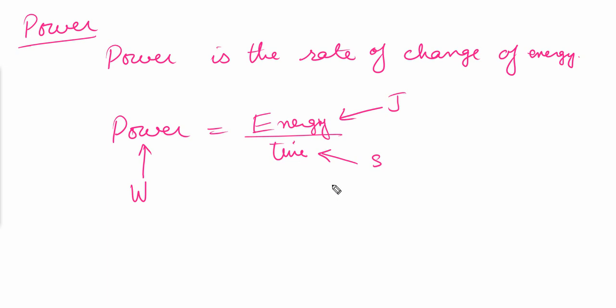Now after this one we have to discuss the efficiency of a system. Efficiency is basically considered as the ratio of the output energy produced by a system to the input energy.